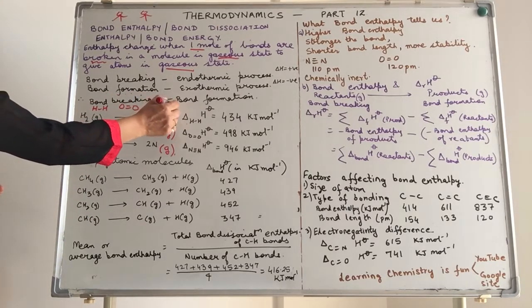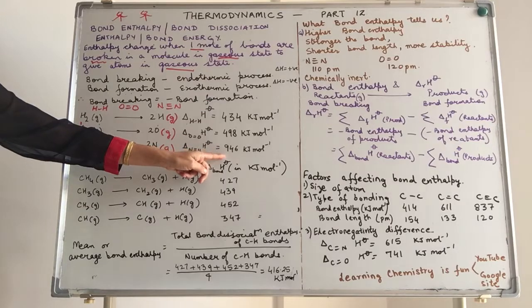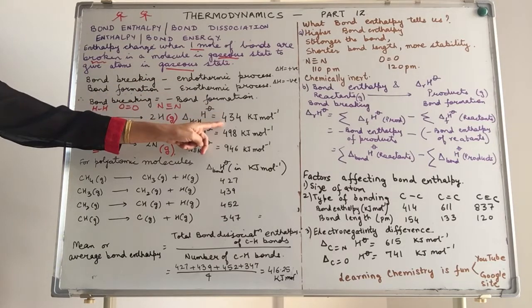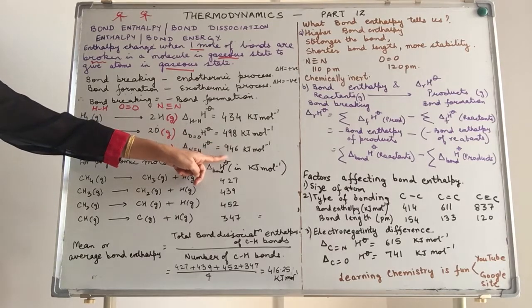Nitrogen on the other hand involves triple bond between the two nitrogen atoms. If you see the enthalpy changes, they are indicative of the type of friendship which is there between the two atoms. Hydrogen 434, oxygen 498, nitrogen 946, all in kilojoule per mole.